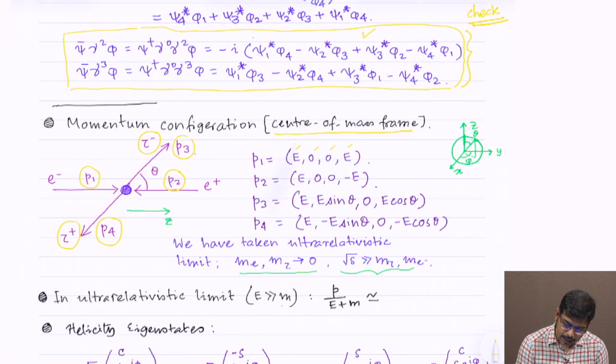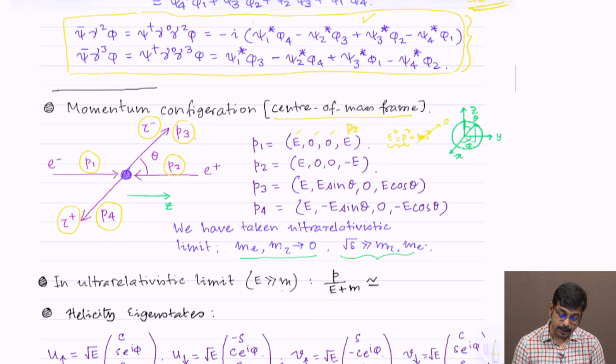This is the energy and this is the Pz, and from energy momentum conservation, E square equals P square plus m square, where we are neglecting the m square. So, we can say that Pz is nothing but E. For P2, the positron, which is moving in the opposite direction in the center of mass frame, we can easily write that the Pz component will be minus E.